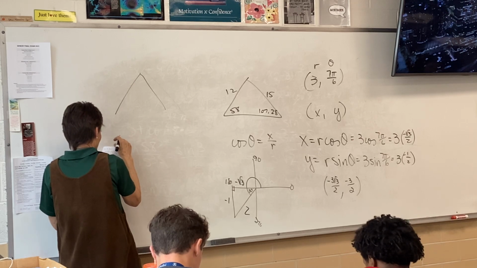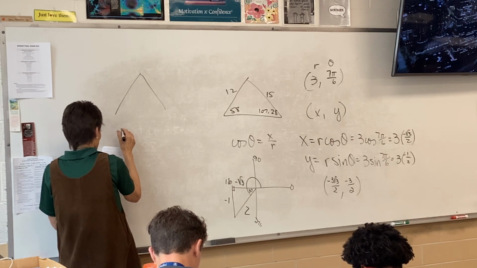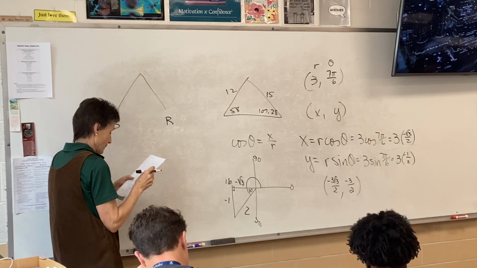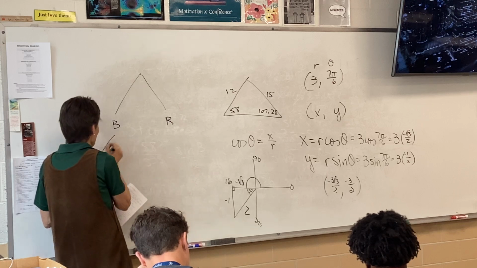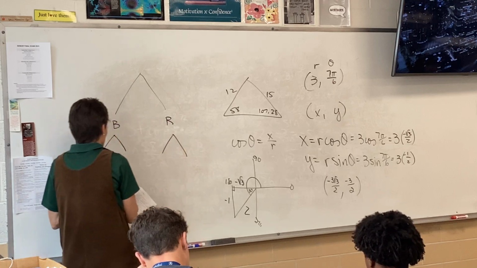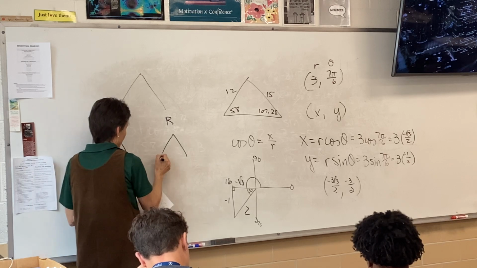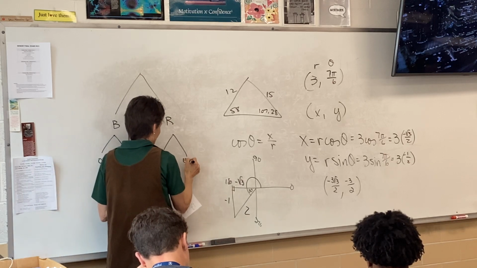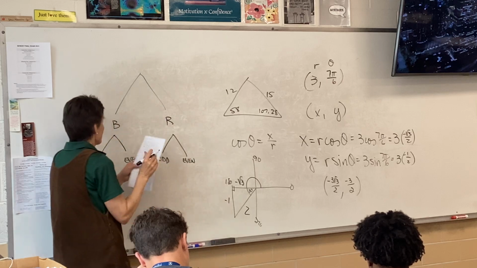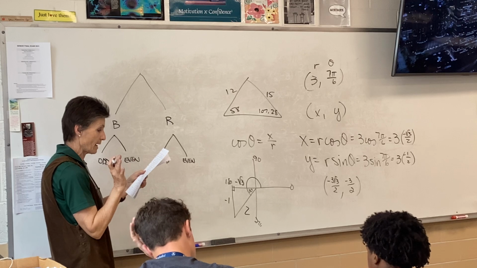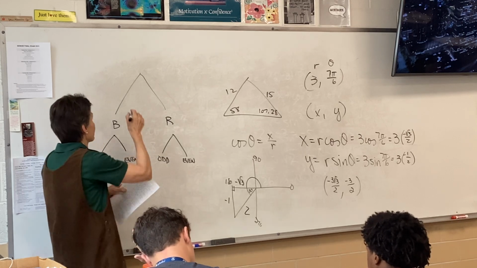Let's see. I'm going to either pick blue or red. And then I'm going to pick odd or even, I guess. Okay, so what's the probability I'll pick a red or a blue card? A blue card out of this box would be what?